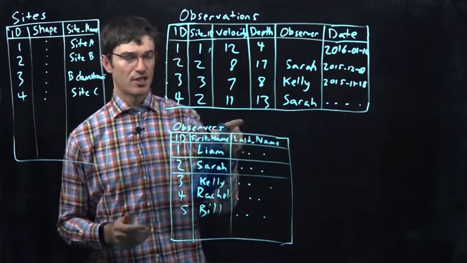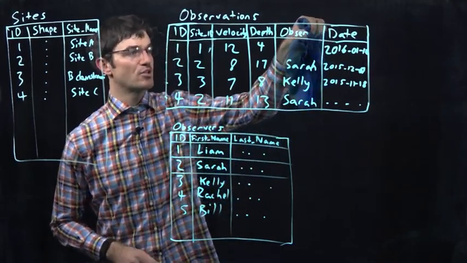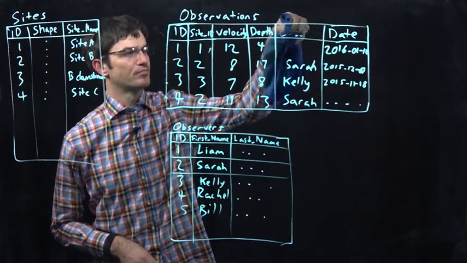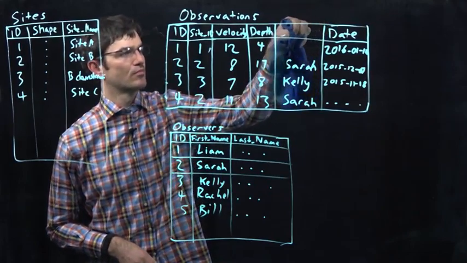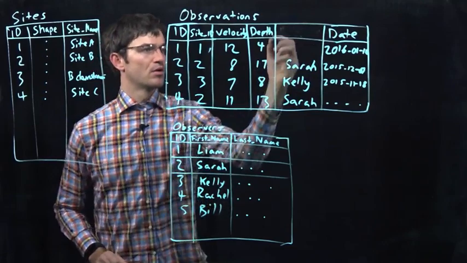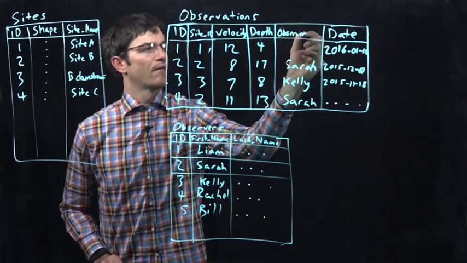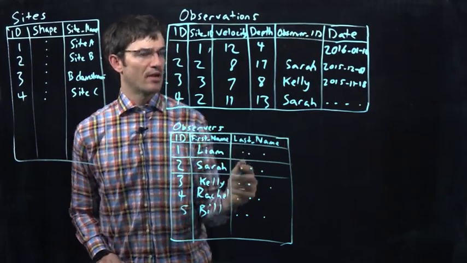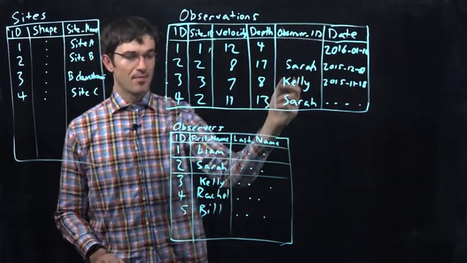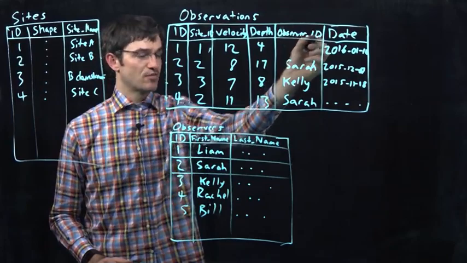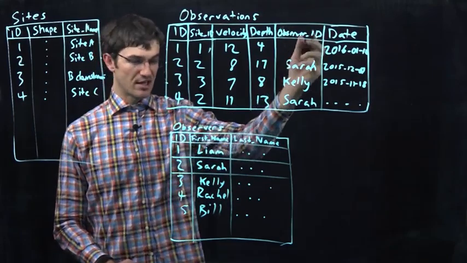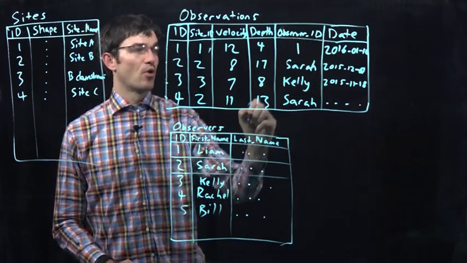Since we have observers here, and then we're just trying to reference that foreign table. So write that a little smaller. ID. Okay, so this first record was Liam, and again, since we're just referencing this foreign table, we're going to do observer ID Liam, and that'll be 1 here.